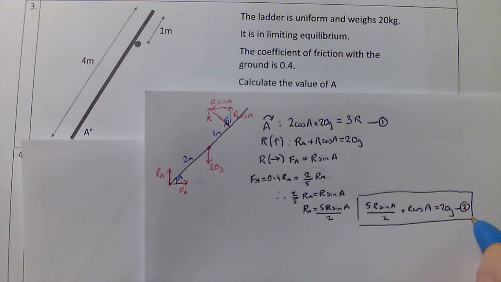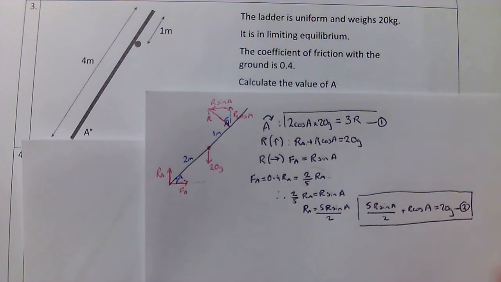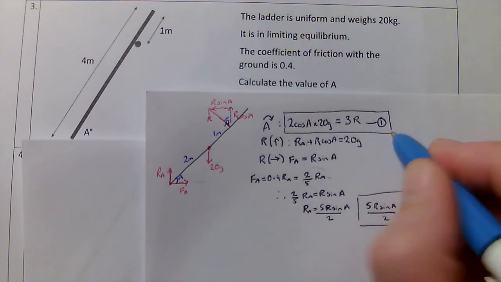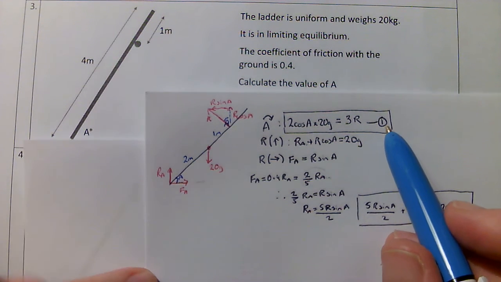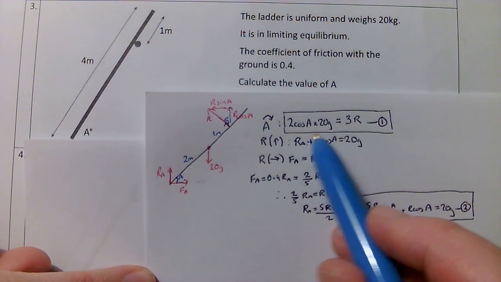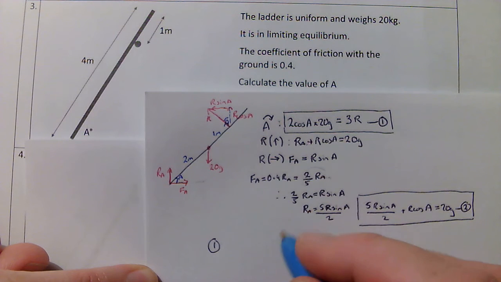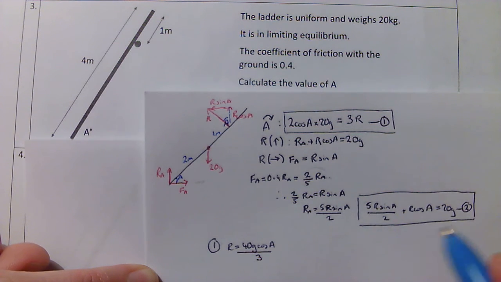Both of them involve R and my angle A and no other unknowns. I'm only interested in the angle, so I'm going to rearrange 1. So here, multiplying this out gives me 40g cos A, so I can say rearranging 1 gives me R equals 40g cos A on 3, and I can then substitute that in.